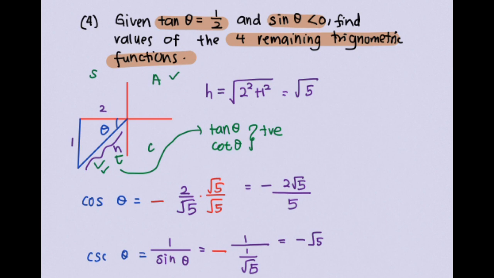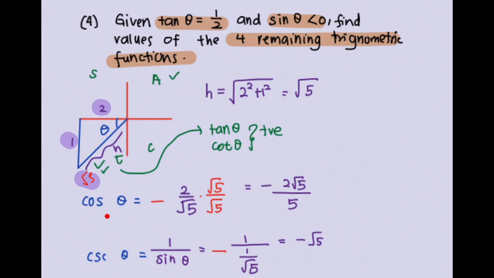Adjacent is 2, so now let's use Pythagoras Theorem in order to find the value of hypotenuse. So it is square root of 2 squared plus 1 squared, this is square root of 5. So we have this as square root of 5, this side is 1, this side is 2.